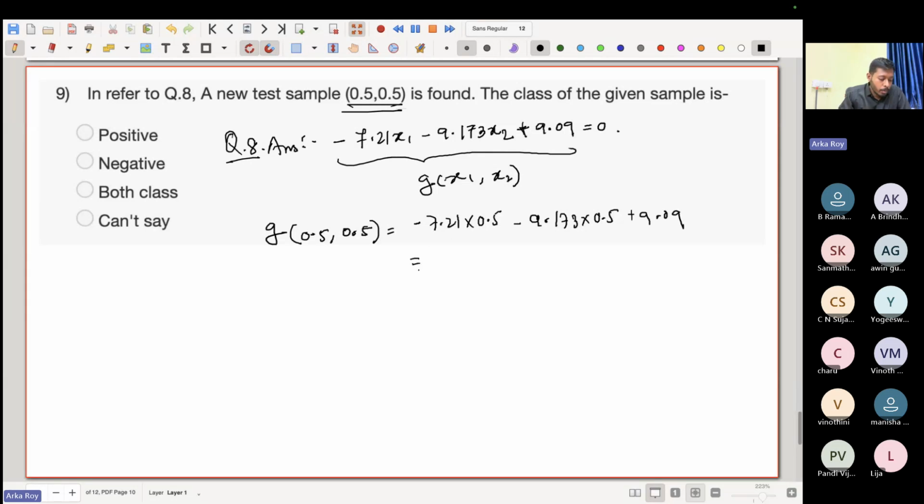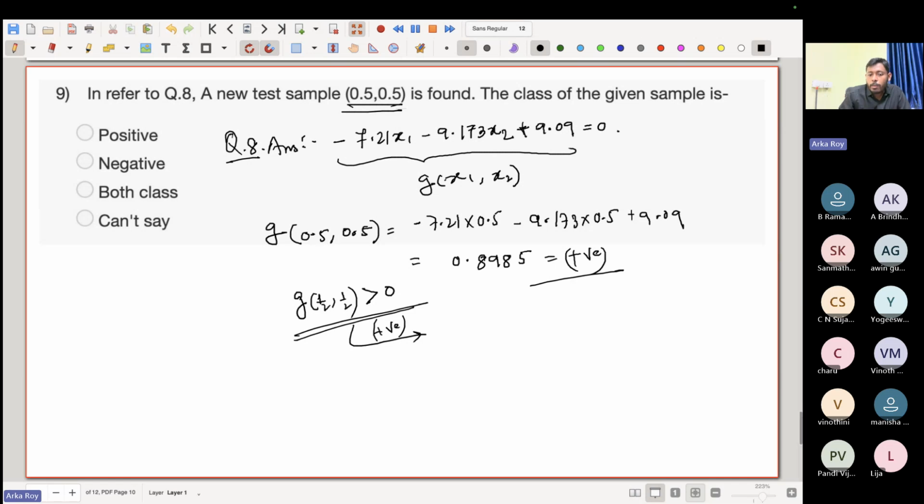If you solve this, your answer is 0.8985. You can see this is a positive number. Because g of the test sample, half comma half, is greater than 0, it is yielding a positive value.